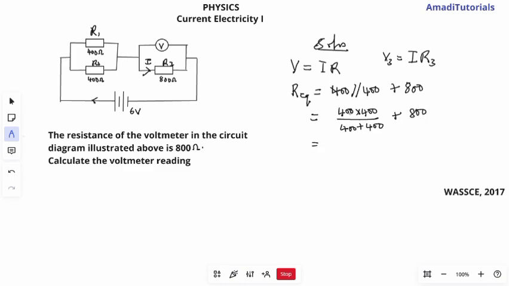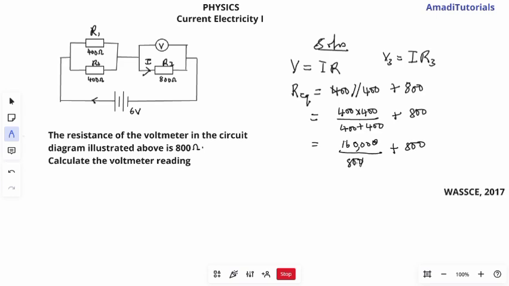I will not multiply out there, but even if you want to multiply, that will be 16 followed by how many zeros? 1, 2, 3, 4. That will be 160,000 divided by 400 plus 400, which is 800, plus 800 here.